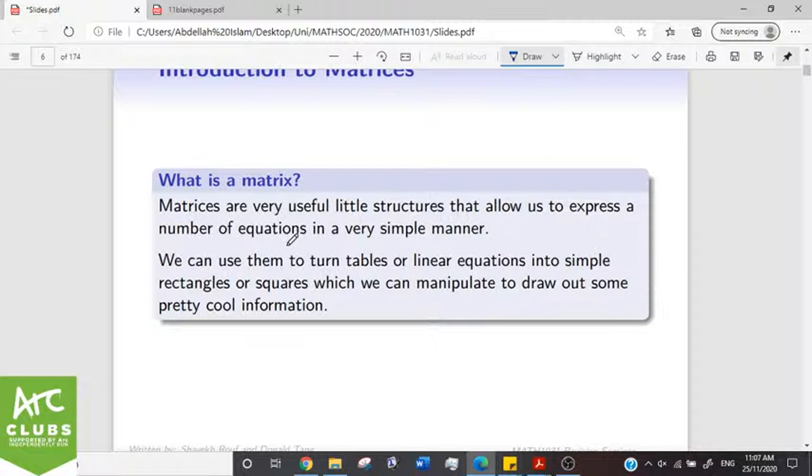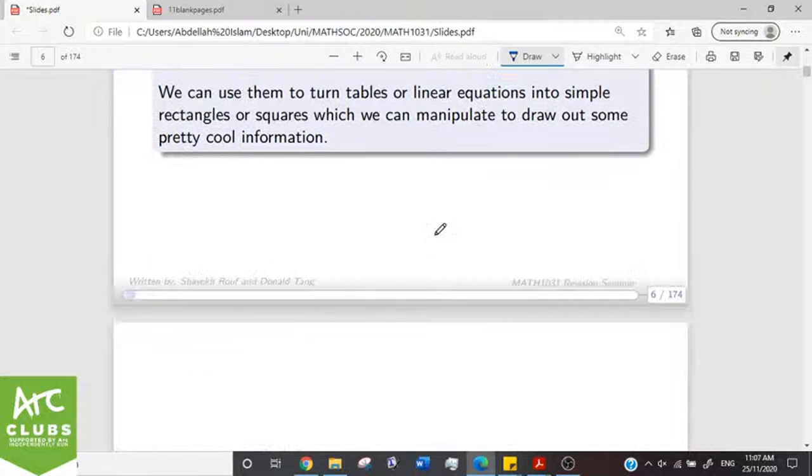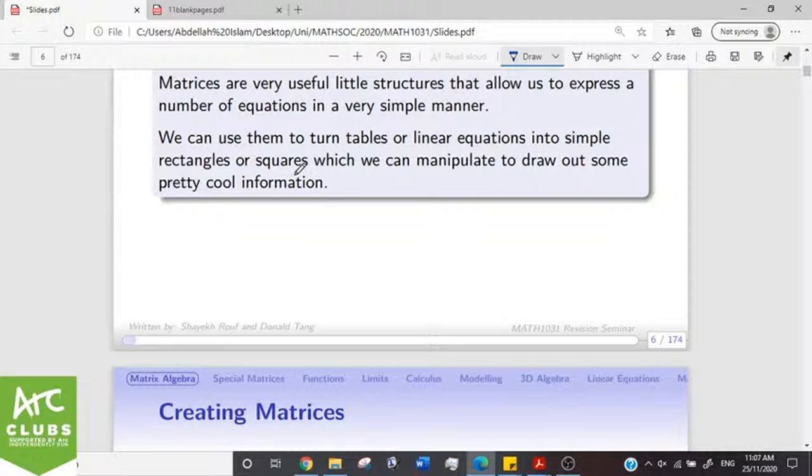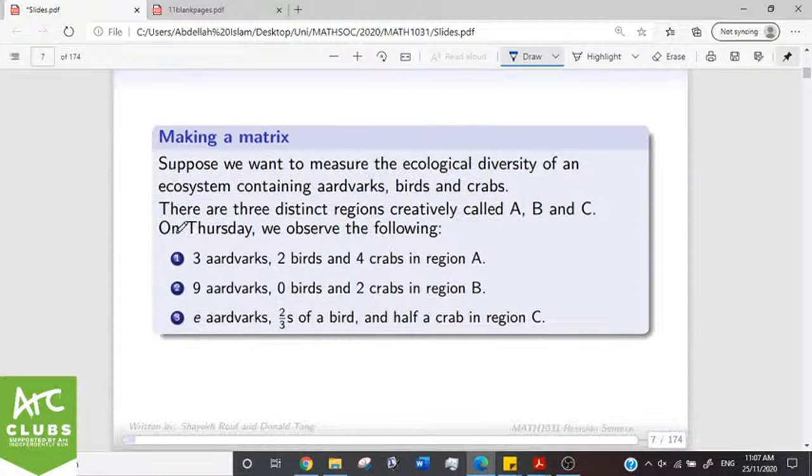This first slide is talking about why we want matrices. We can take data like this: a collection of objects in one place, a collection of objects in another place, and another collection in another place. We can consider these as columns of a matrix: column 1, column 2, column 3.